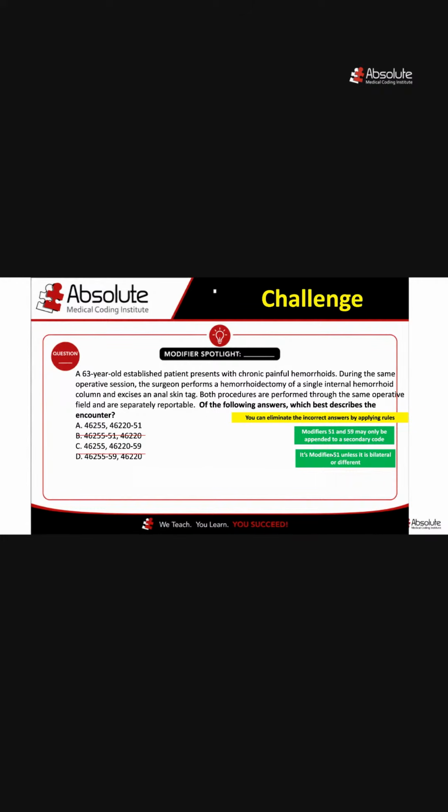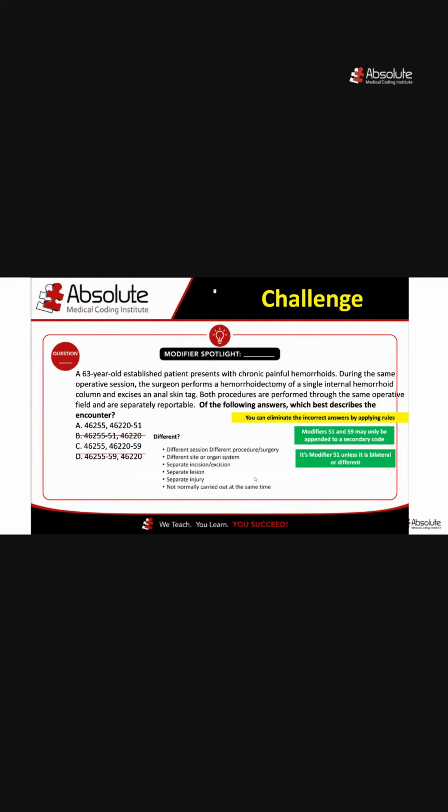So we know it's a multiple procedure, but we need to know, is this a different procedure? So let's go ahead and look at what makes a procedure different. Well, different session, different procedure, or surgery. Now, I would say that this removal, this hemorrhoidectomy of the hemorrhoid and the anal skin tags are different procedures.